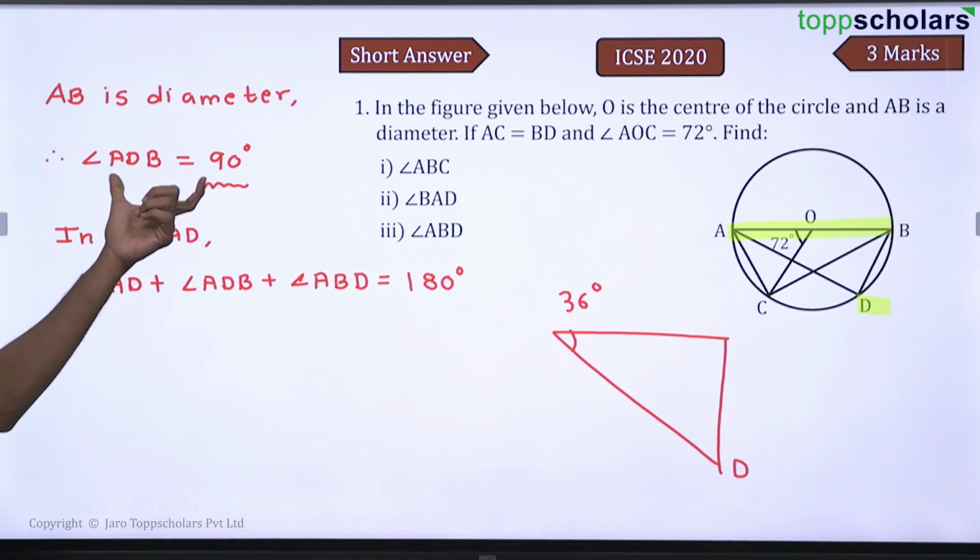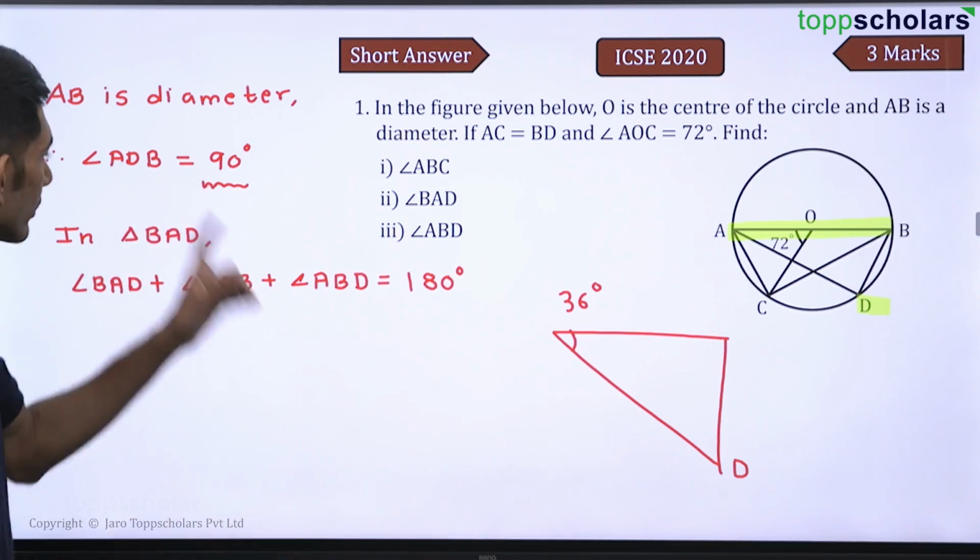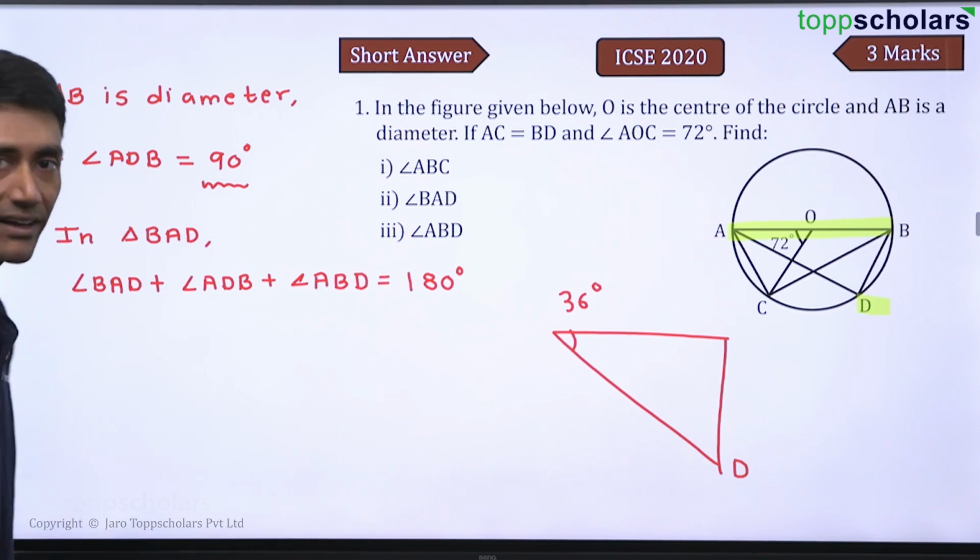What is the reason for this, by the way? You have to write down the complete reason. The reason for this is angle inscribed in a semicircle is a right angle.